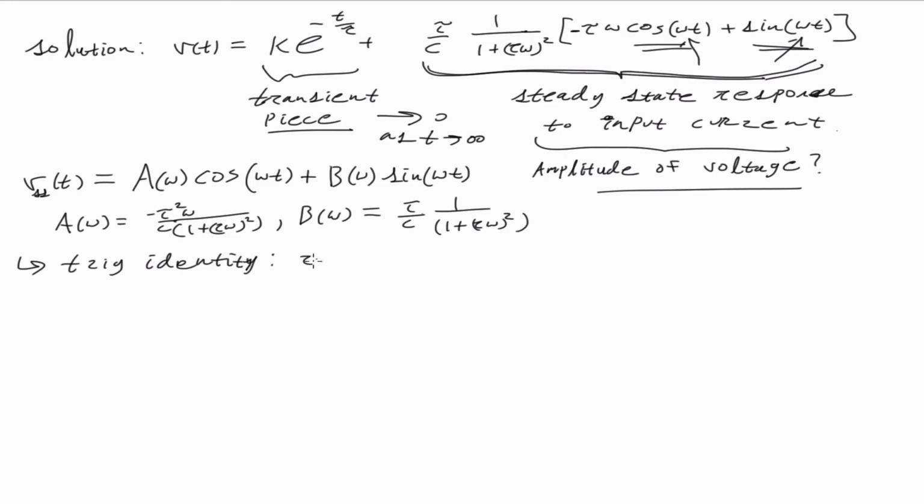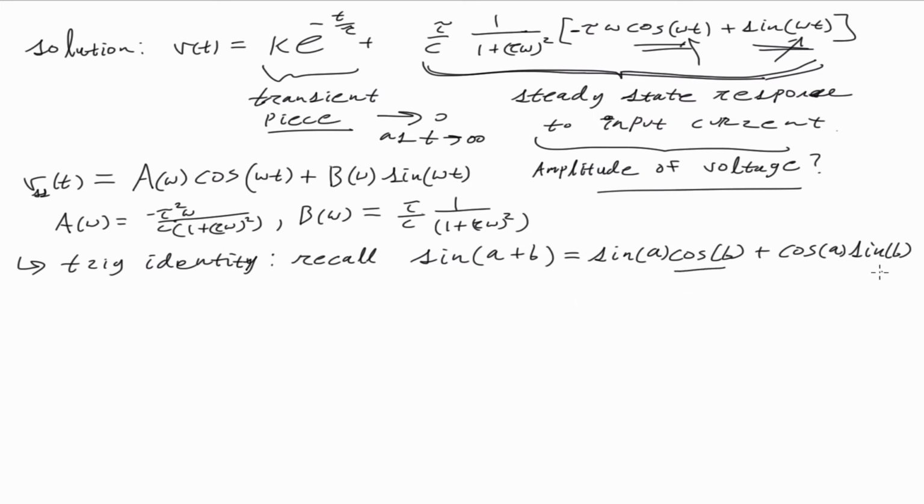So recall that sine of A plus B, those are any two angles, is equal to sine A times cosine B plus cosine A times sine B. Okay, that's going to be very useful here because I have a cosine and a sine.